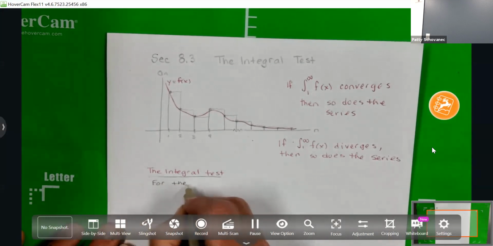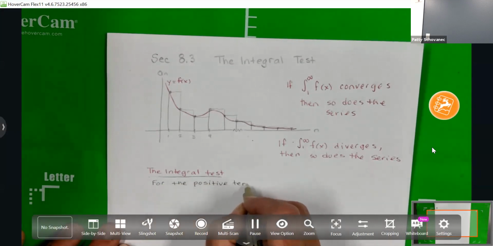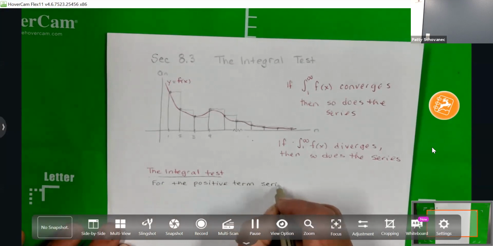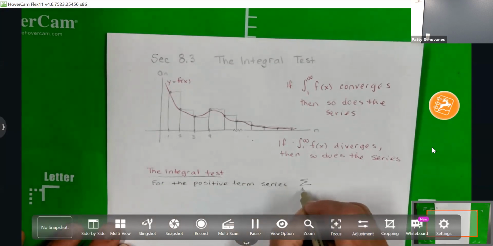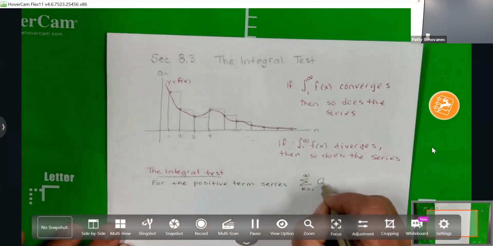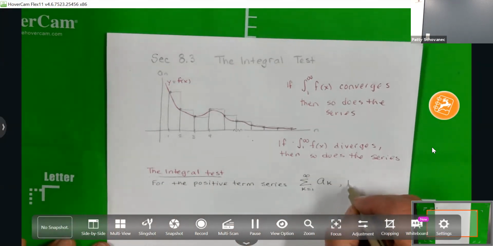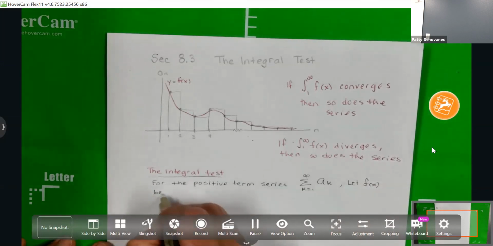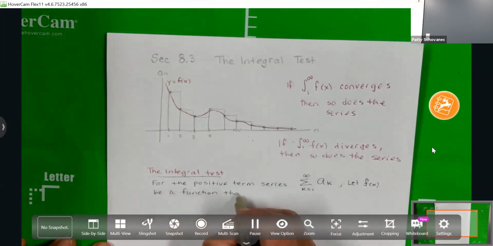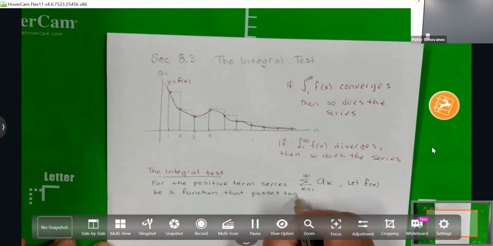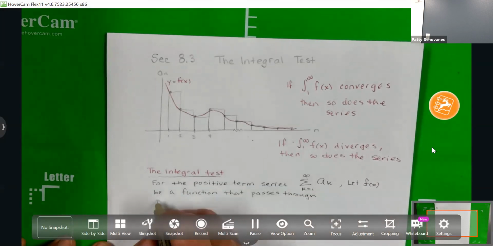With a positive term series, let f be a function that passes through all of the a's.